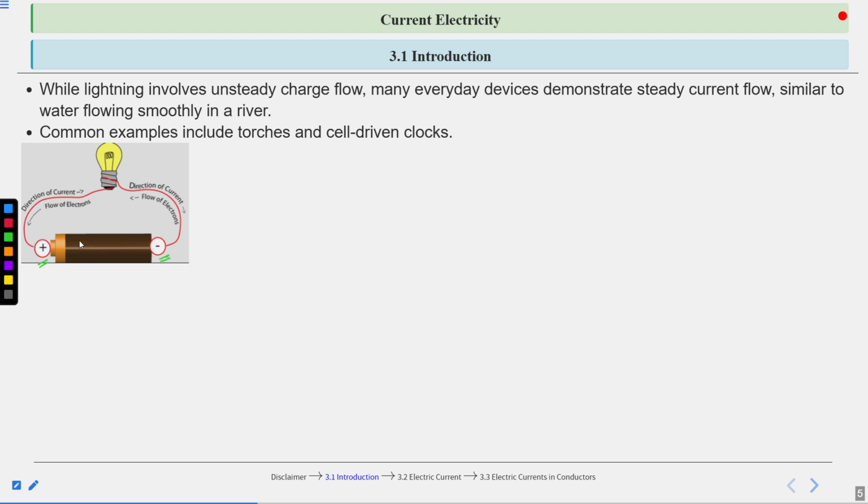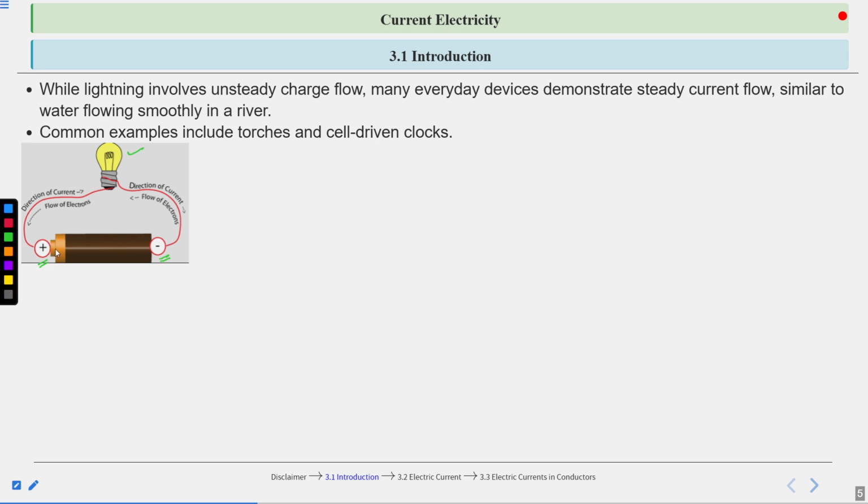So due to these chemical reactions, a positive potential is maintained and a negative potential is maintained. So a potential difference is maintained, due to which when we connect a bulb with this cell, this wire is a conductor, so it will have free electrons.